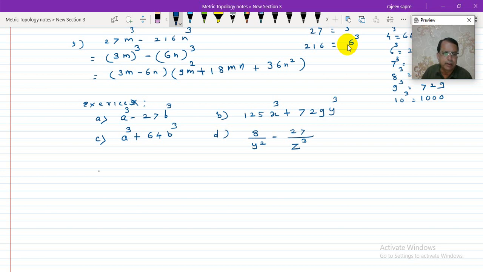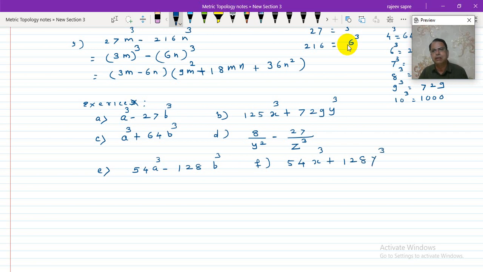Okay, and last problem is 54 a cube minus 128 b cube. Okay, and similarly you can do this: 54 x cube plus 128 y cube.